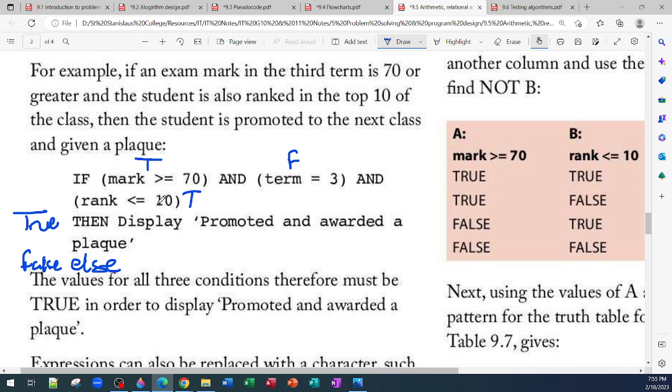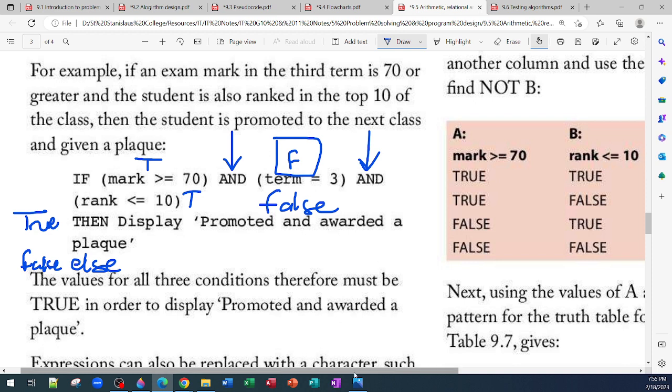The end result. Remember, this is the AND operator. The end result, is it going to be false or is it going to be true? Let me see if anybody remembers. The end result will give you a false. It's going to give you a false simply because one of these here is false.